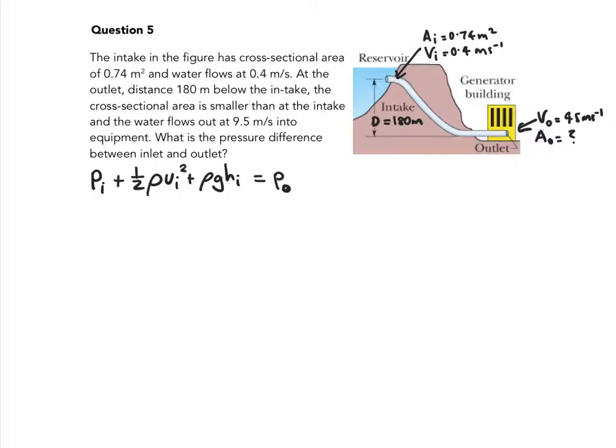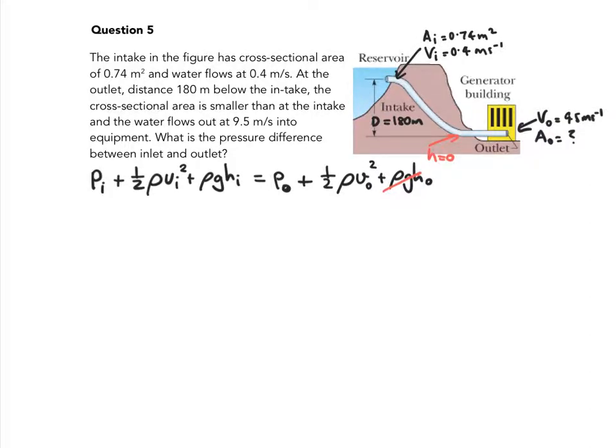Don't confuse that with atmospheric pressure, it's just outlet pressure, plus half rho v outlet squared plus rho g h at the outlet. Now, we can arbitrarily say that h here is equal to 0, so we can get rid of that part of the expression.